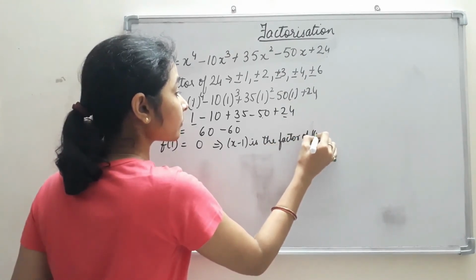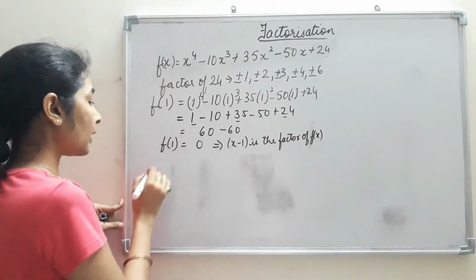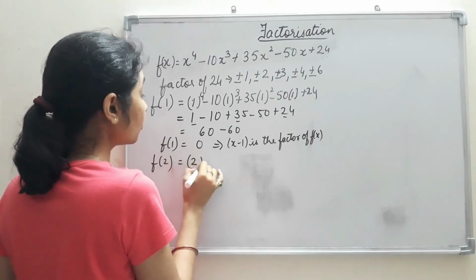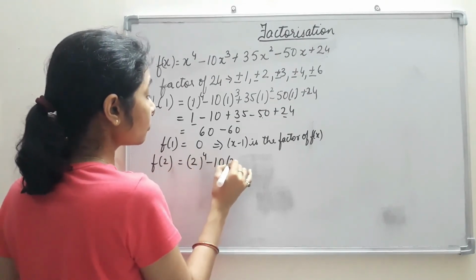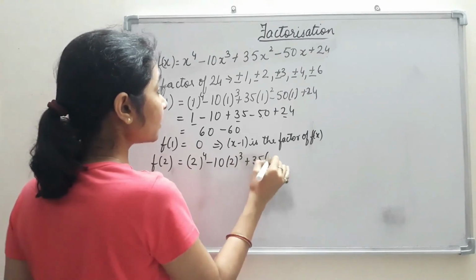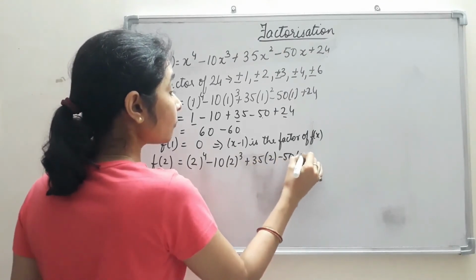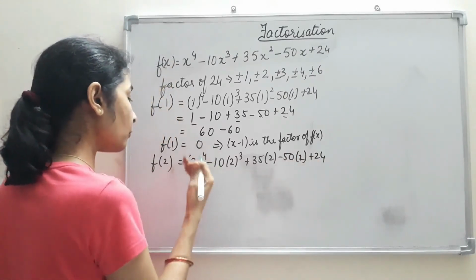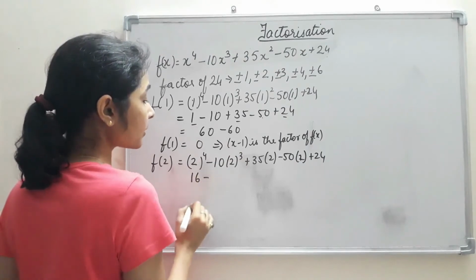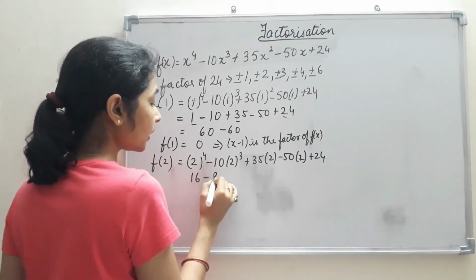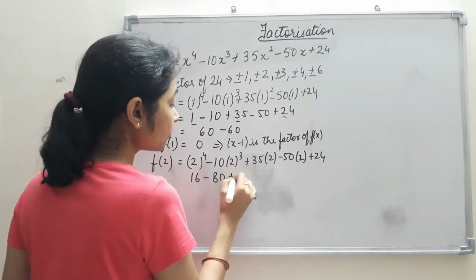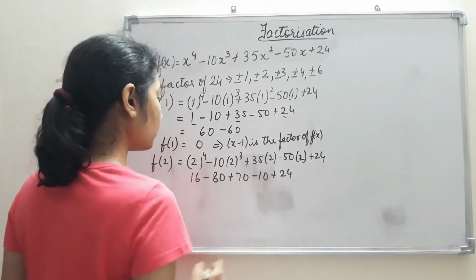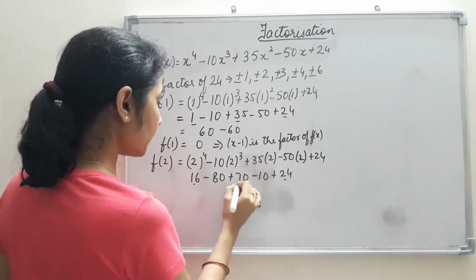of f(x). Now the second, if I take f(2), that means in place of x I substitute 2 everywhere. So 2 raised to the power 4 minus 10 2 cube plus 35 into 2 minus 2 plus 24. Okay, now 2 2s are 4, 4 2s are 8, 8 2s are 16. So 16 minus 8 into 10, 80. 35 into 2, 70. 50 into 2, 100 plus 24. Okay, these two are positive and this is also positive.